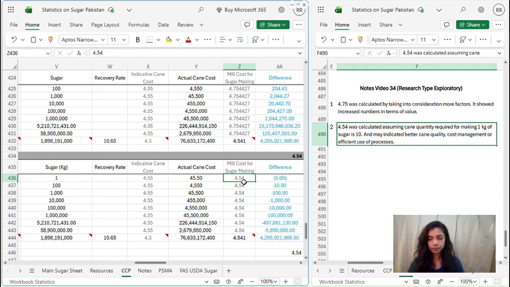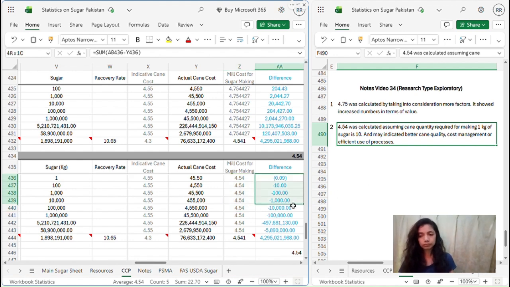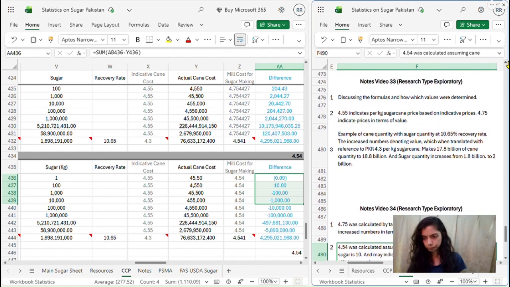The difference here means better cost management, or it could be better cane quality or efficient use of processes. So it could be any of these until the data was more and there was better understanding.